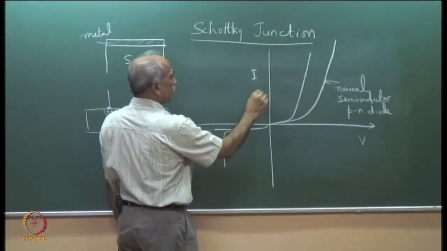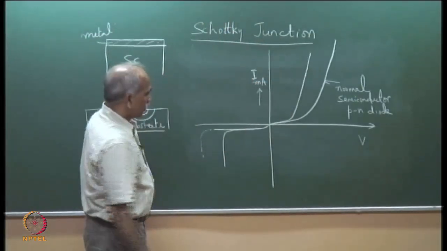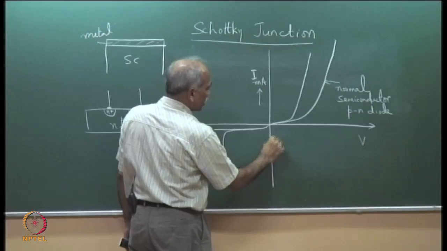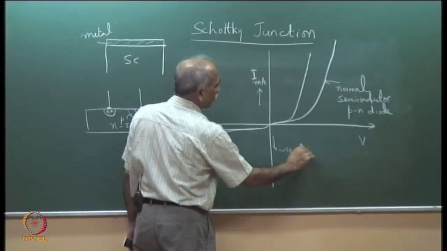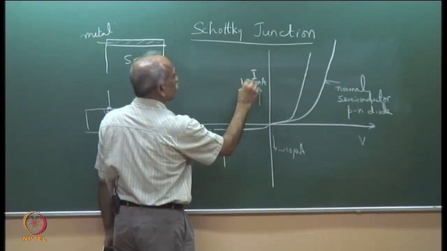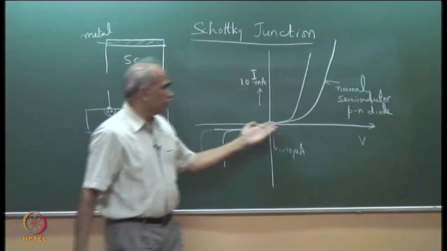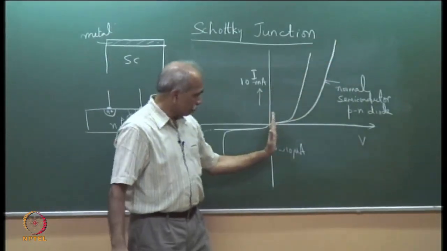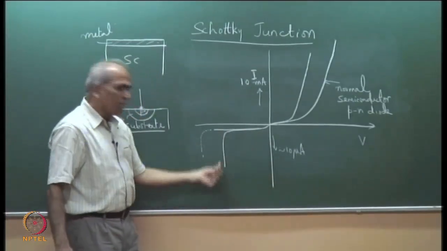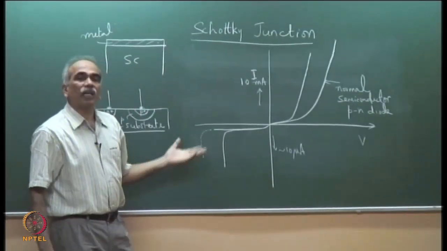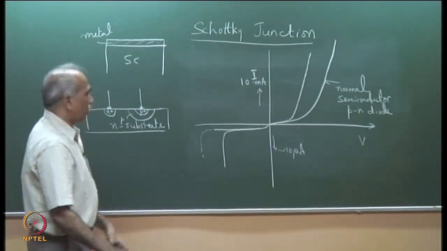On the real scales, these are tens of milliamperes, and the reverse current is typically tens of microamperes. This is a typical diode characteristic, which means the current easily flows in the forward direction beyond a certain voltage and is inhibited in the reverse direction, or the current is very small. This we call rectifying behavior.